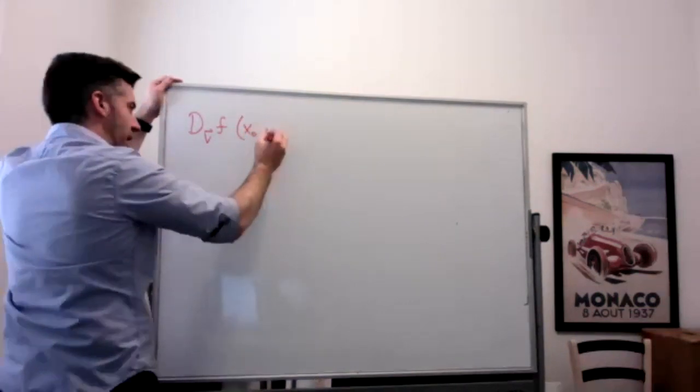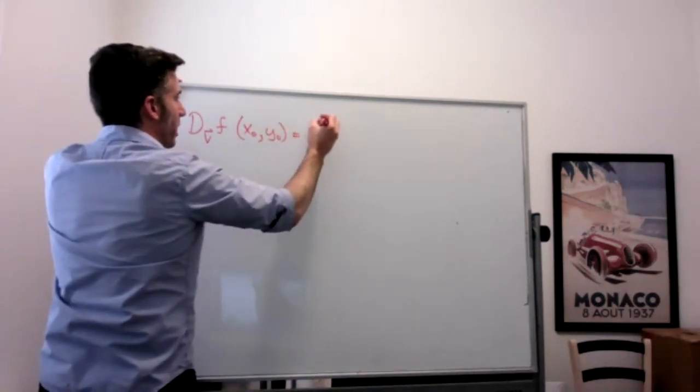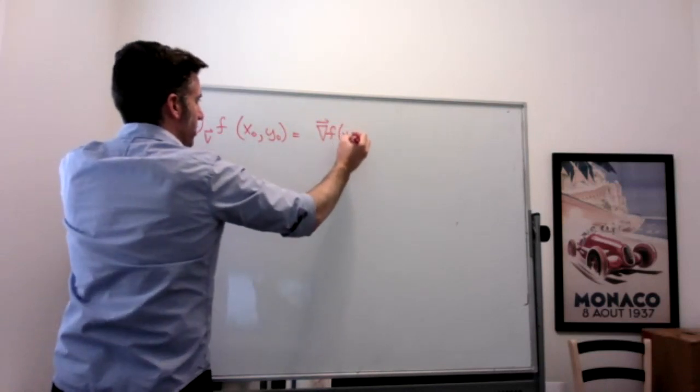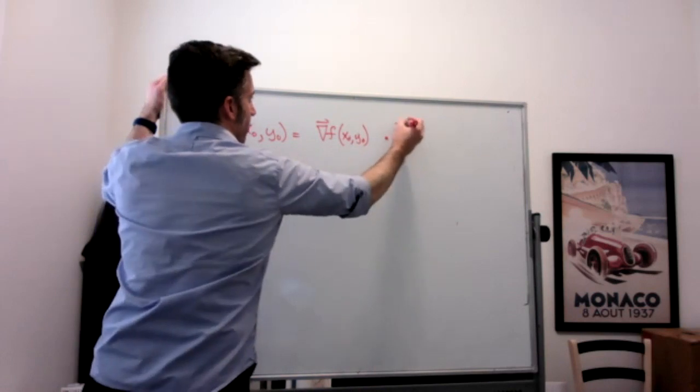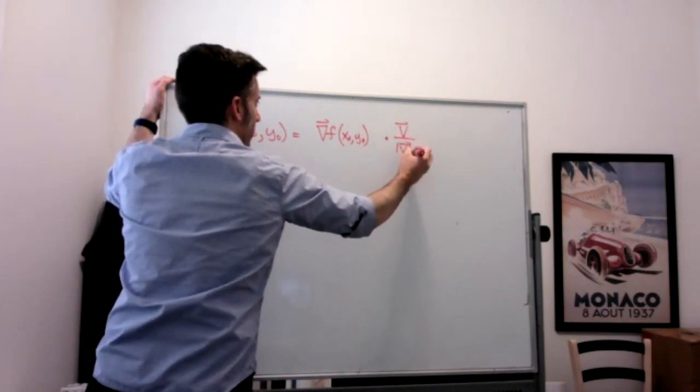Directional derivative at the point x naught, y naught is the gradient of f evaluated at x naught, y naught, dotted with the vector v divided by its own magnitude.